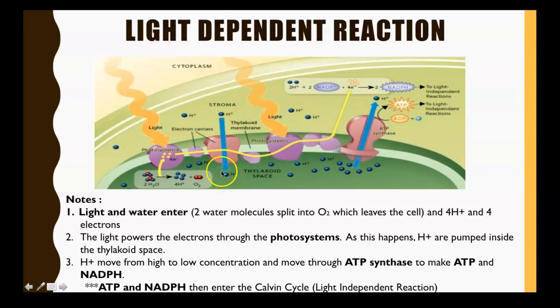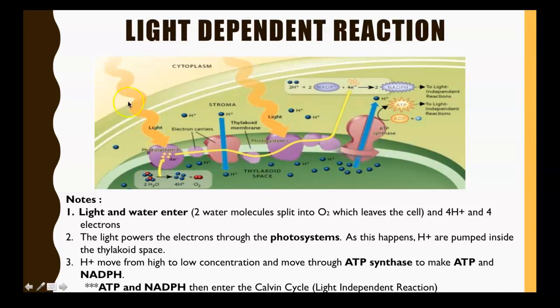Essentially, electrons moving down the thylakoid membrane allow these embedded proteins to pump hydrogens from the stroma to the thylakoid space. We'll talk about that importance later on when we talk about ATP synthase.